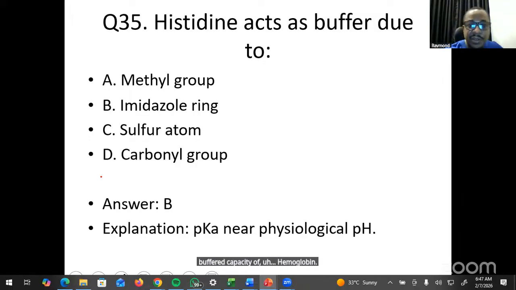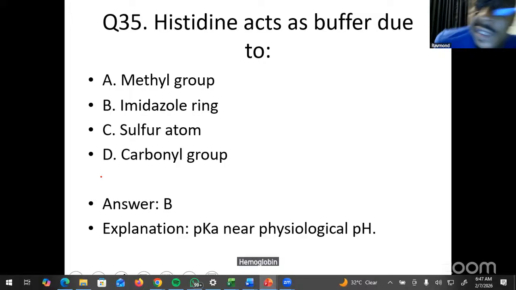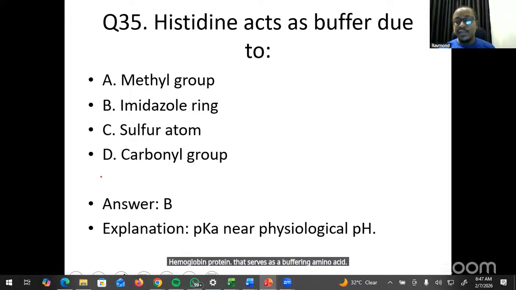So it has a buffering capacity close to physiological pH, and it will resist any change in the blood pH. So histidine is an amino acid present in hemoglobin protein that serves as a buffering amino acid to the blood.